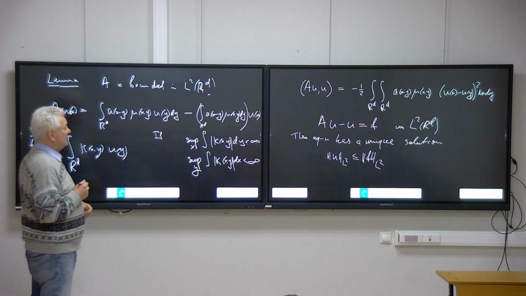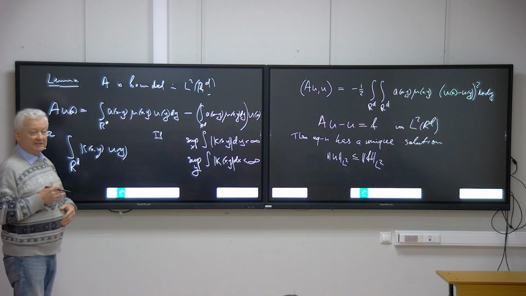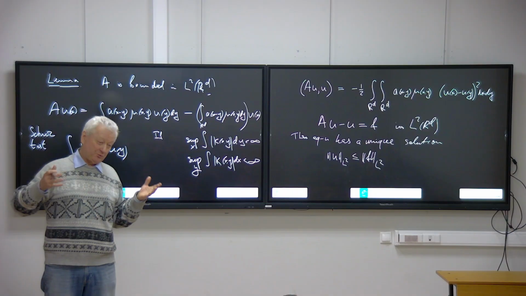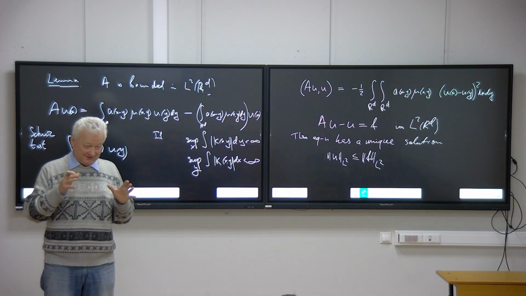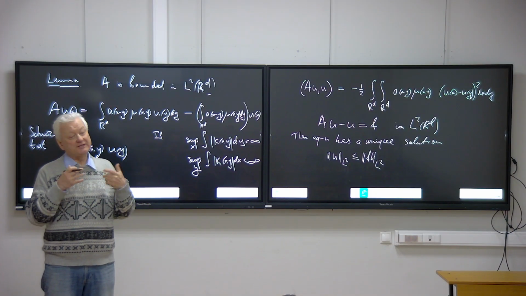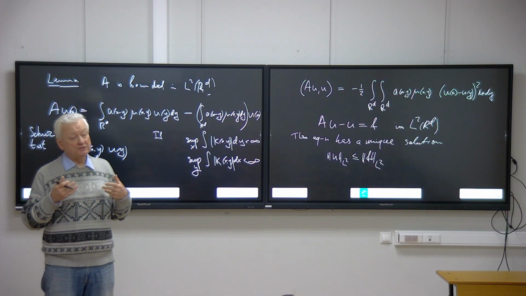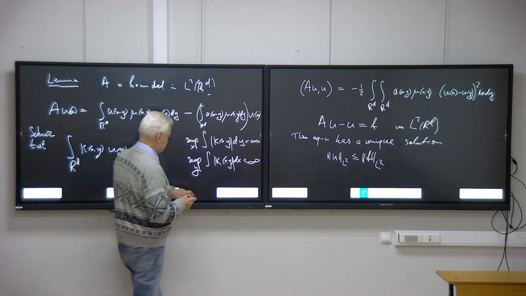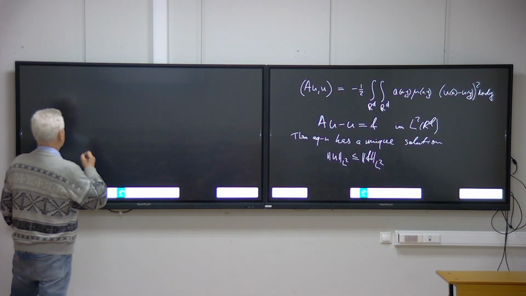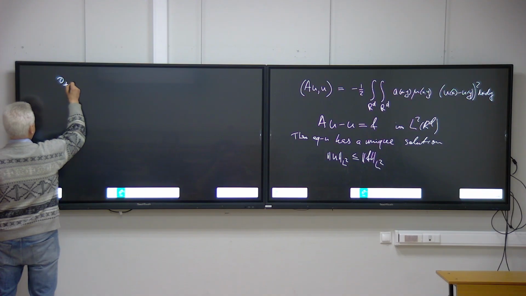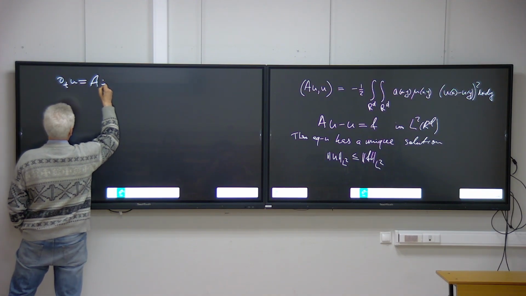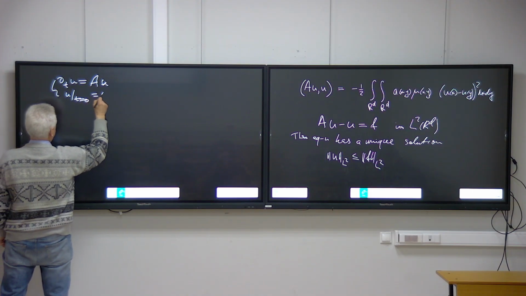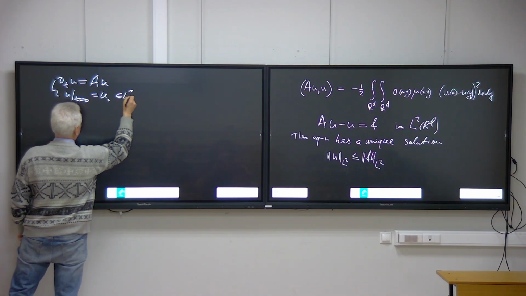Now we can also consider the evolution version of this equation, because at the end we are going to consider the parabolic operator, and in fact many results can be formulated only for the parabolic version of this equation. So if we consider d_t u equal to Au, let's say the Cauchy problem, with u at t equal to 0 equal to some given function u0 from L2 of R^d.